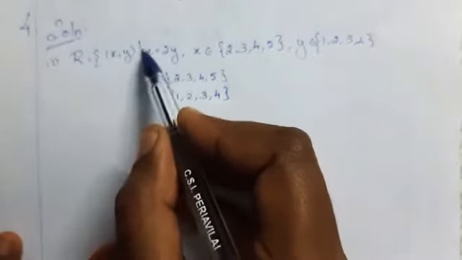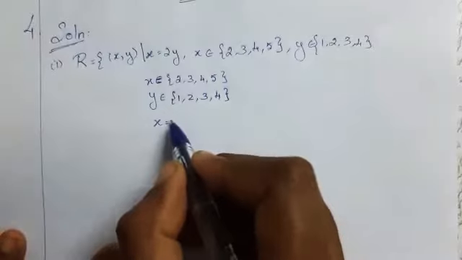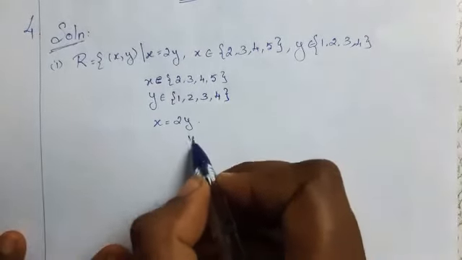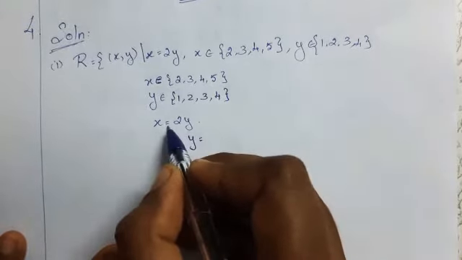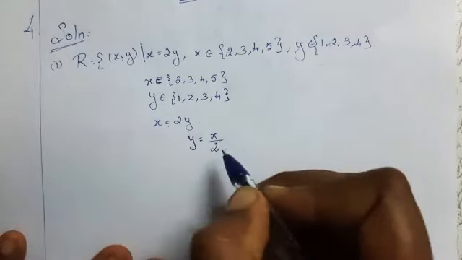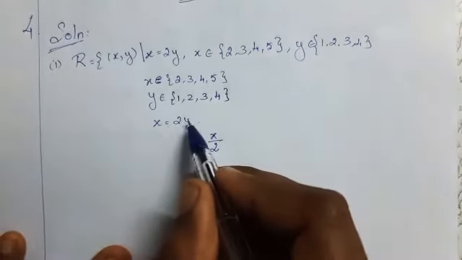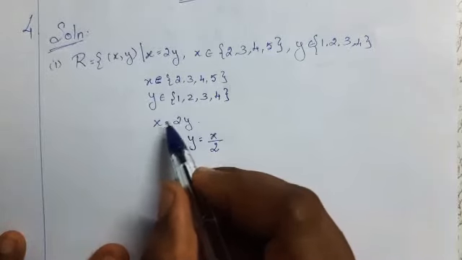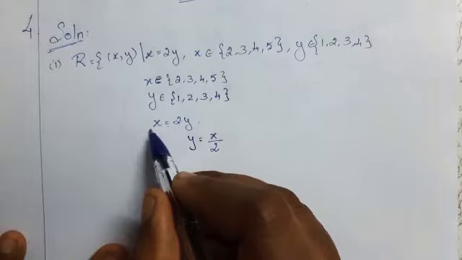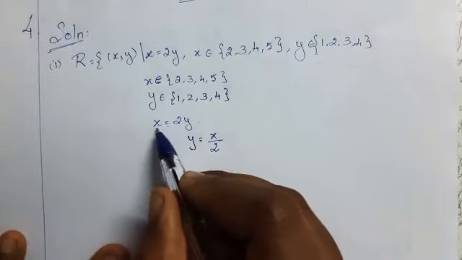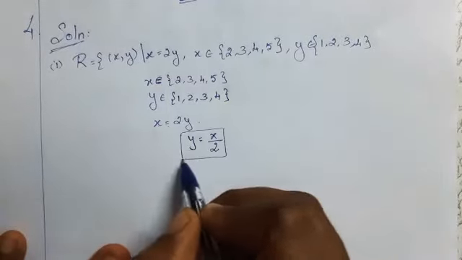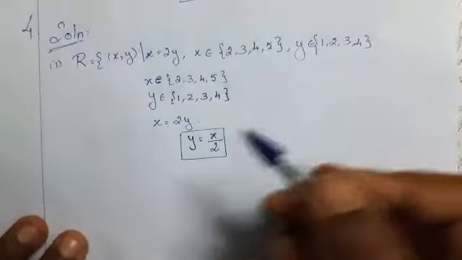Your formula is in x: x is equal to 2y. Now change the formula into y. If you move the 2 to the left side, it changes to division: y is equal to x divided by 2. That is the formula.